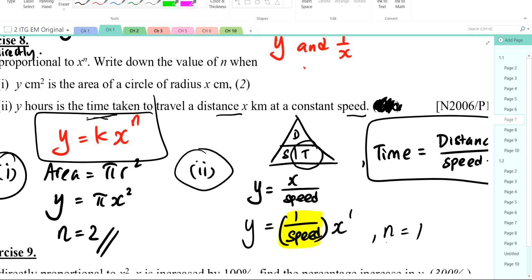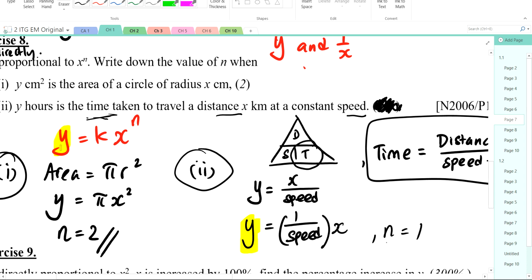Understand how this works? Which part don't you understand? Are you okay with this so far? Like this, okay? Then we compare. Let's compare with colors. Y and y. Same? Same. K and this 1 over speed. Same?